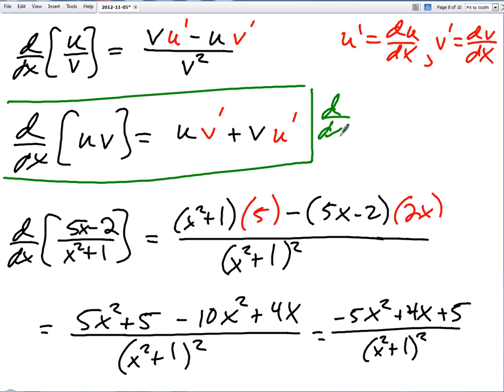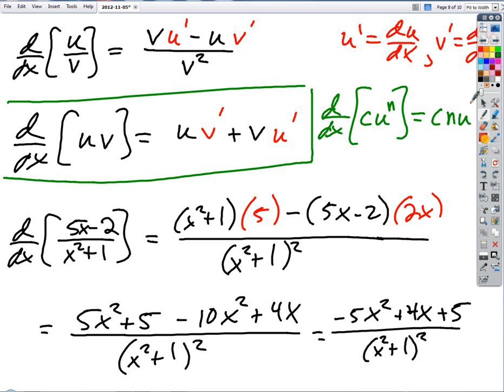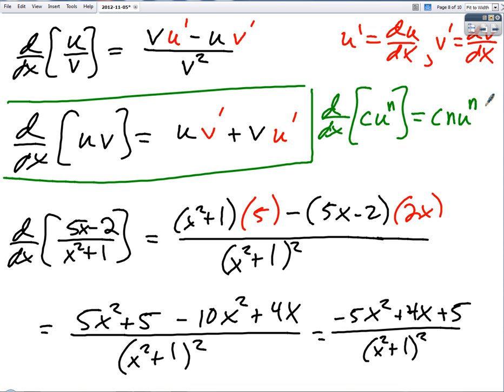The derivative with respect to x of cu to the n, the power rule was what? Good. So both of those are much easier to do than the quotient rule, right? If we can avoid it, we should.